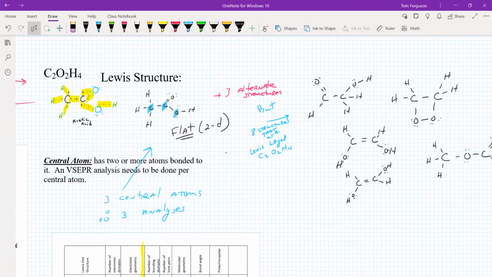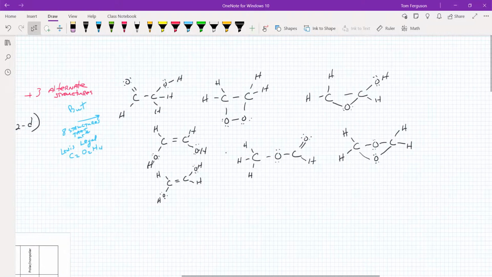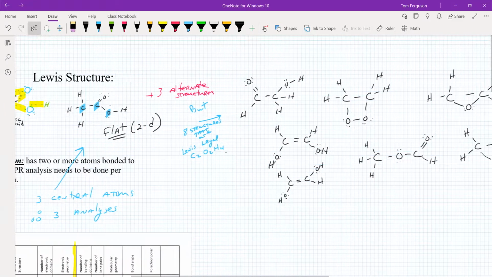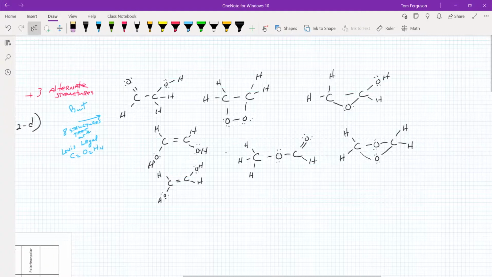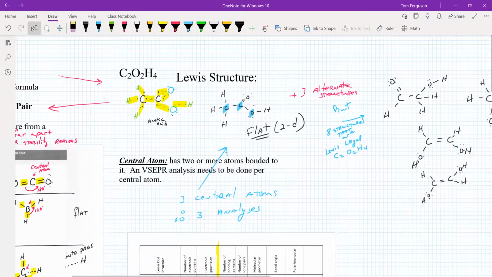But the bottom line is all of these are legal. So on a test, if I asked you to draw 3 Lewis structures with this formula, any 3 of these would be fine.